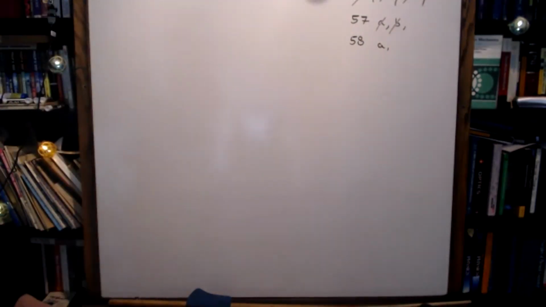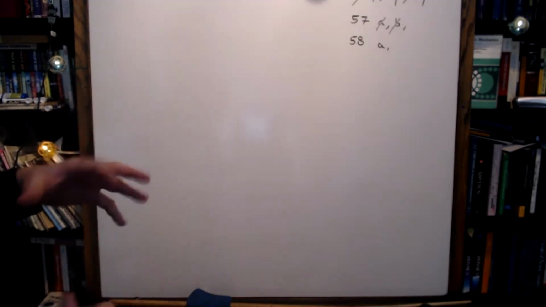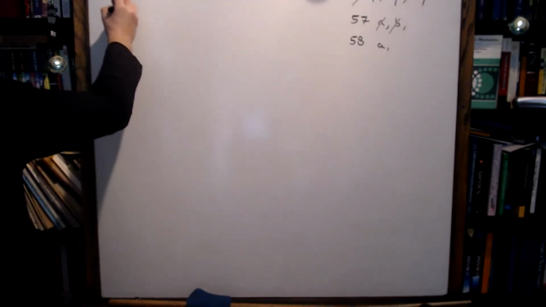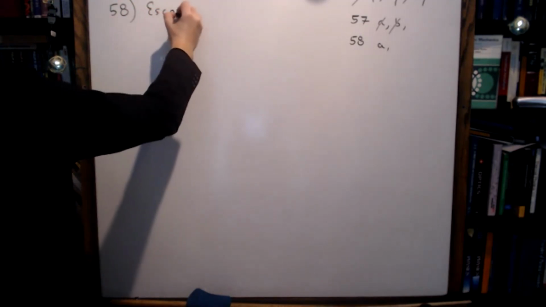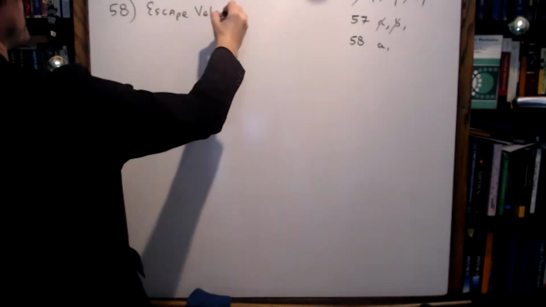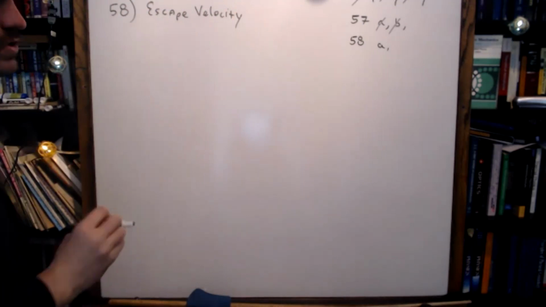While he's pulling it up, let me give you guys a little preamble. Question number 58, part A is all we're going to do, has to do with a new formula called escape velocity, okay? Let's all draw the picture of what's happening here.